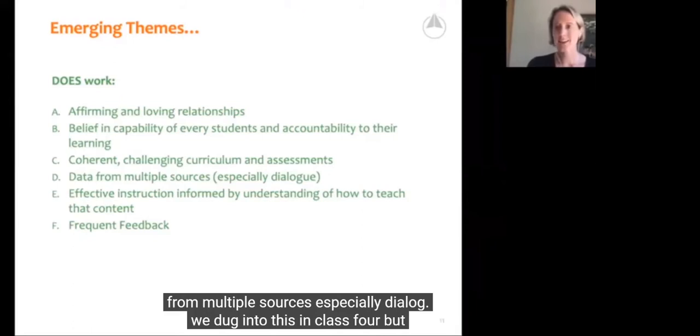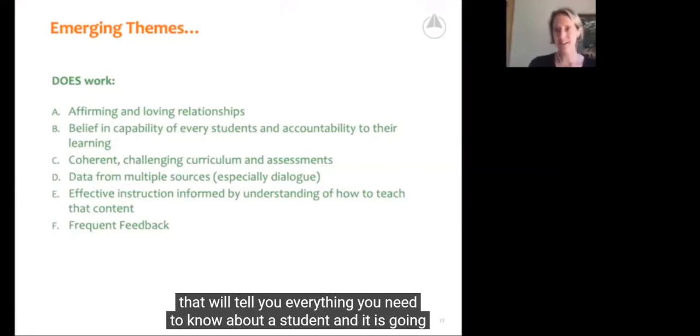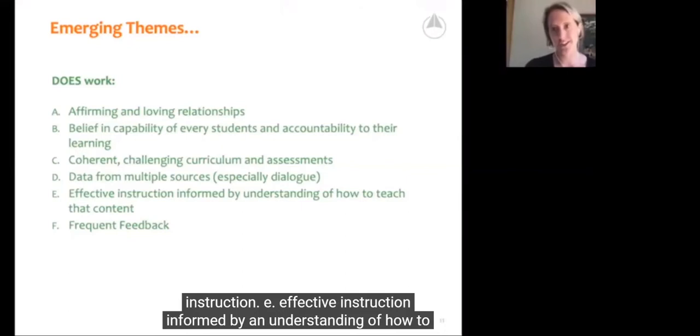Fourth, data from multiple sources, especially dialogue. We dug into this in class 4, but across the different interviews, it was just very clear that there's no one test that will tell you everything you need to know about a student, and it is going to be interactive learning about students that informs effective instruction.